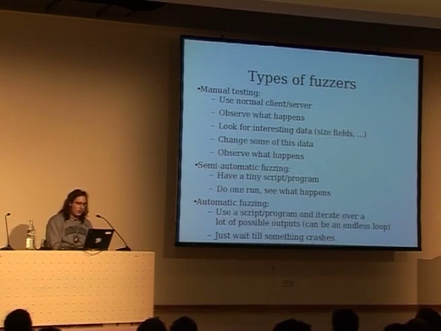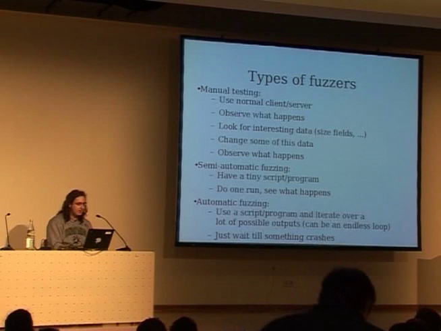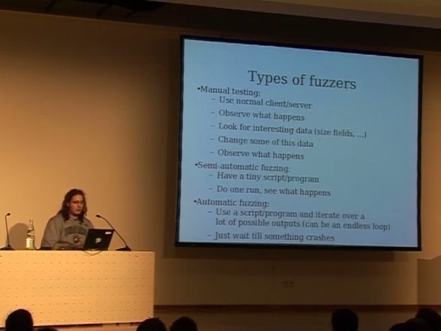And you'll try to look for interesting stuff, size fields, things that might look like strings, and a few other things. Then you try to change that data and see what happens. It's usually preparation for fuzzing. But it's not uncommon that while you're doing this, you'll already find 1 or 2 bugs.